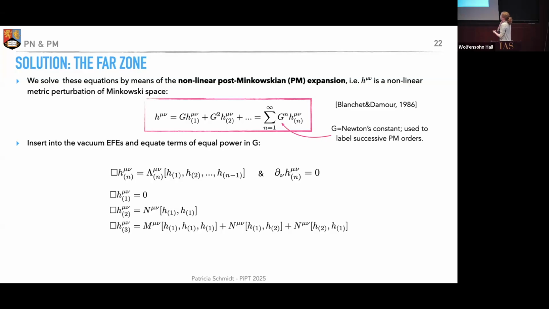Now, if we do that and insert it into our wave equation and equate it order by order, then this is what we find, right? We find this ordered wave equation order by order in h. And then on the right-hand side here, we have the order by order expansion of the lambda tensor. And that will depend, remember, starting at h squared. So think about the combinations, right?